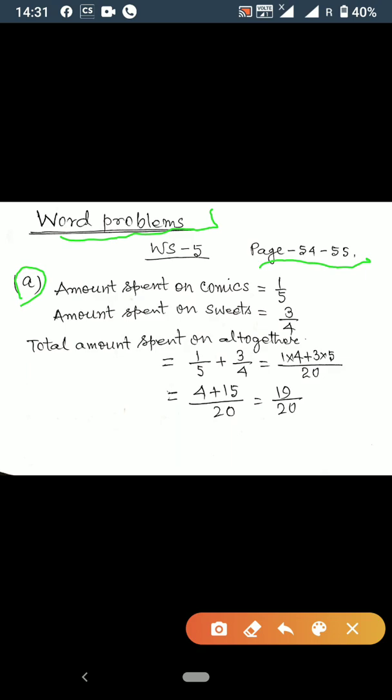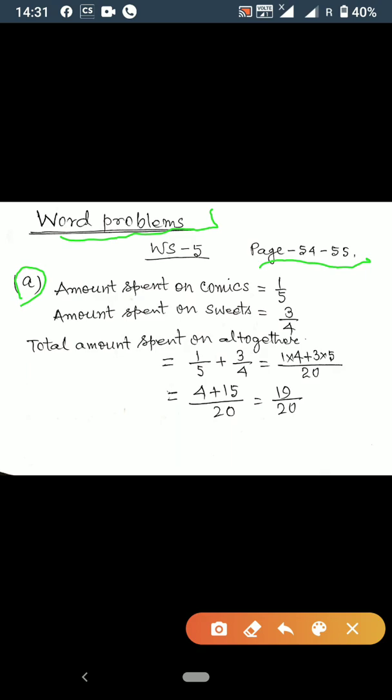So write amount spent on comics equal to 1 by 5. Amount spent on sweets equal to 3 by 4. Total amount spent altogether 1 by 5 plus 3 by 4. So LCM of the denominators 5 and 4 is 20. 20 divided by 5, quotient is 4.